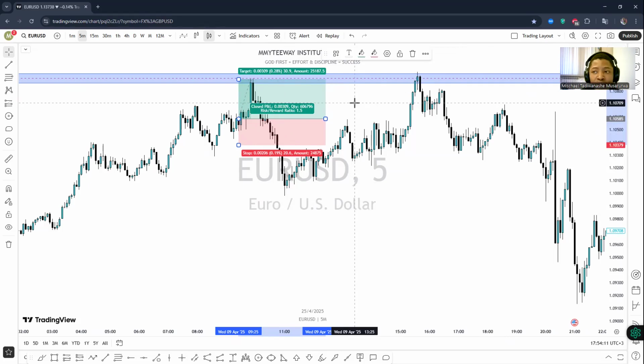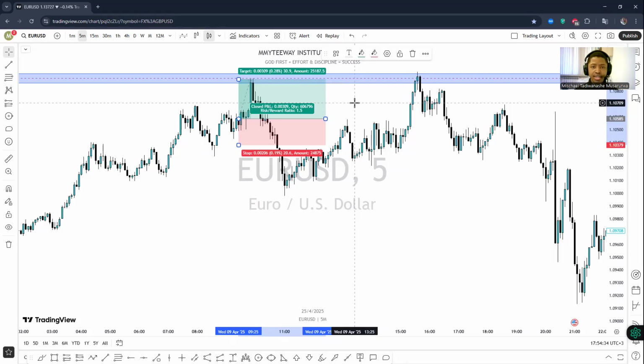Then I started looking at top down analysis. I started looking from the highest time frame to the smallest time frame, and I saw that every time I'm taking out, if we look at it in the 4-hour time frame, there is a certain reaction, right?